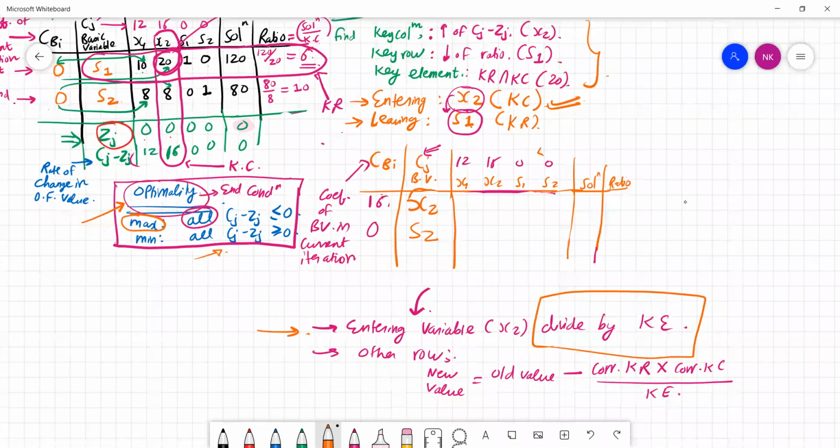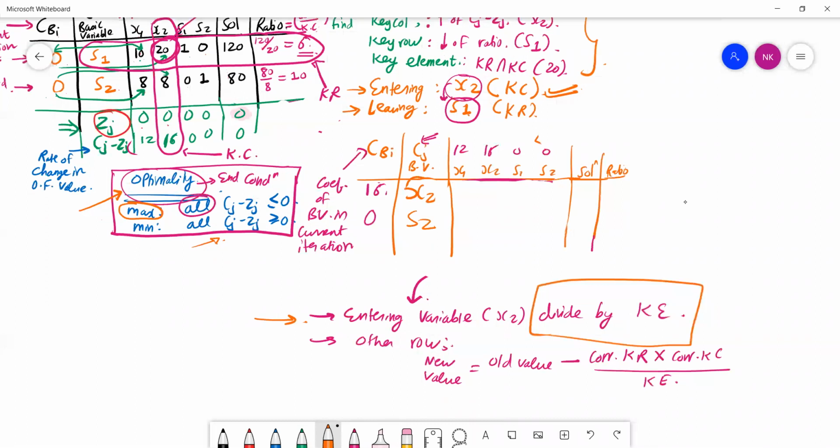So what we have seen is that corresponding to the entering variable, the values in the previous step will be divided by the key element. So corresponding to the entering variable, whatever values were there, you divide by the key element. If you can see over here, your entering variable is nothing but the first row.